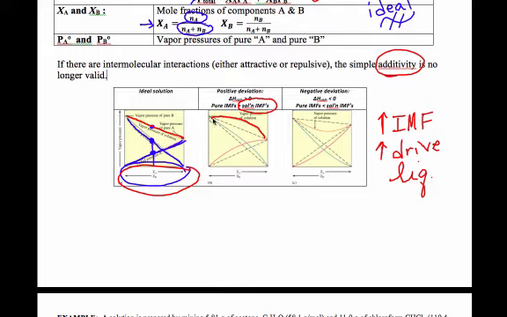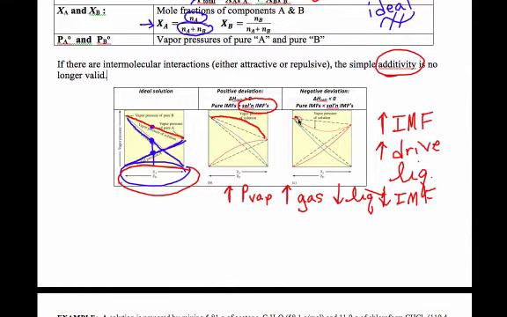Okay? So in this case, we've got a higher vapor pressure. So as we increase that vapor pressure, that means that we have more gas, which the converse of that means less liquid, which means weaker intermolecular forces.